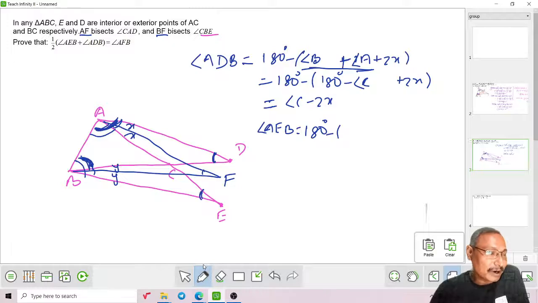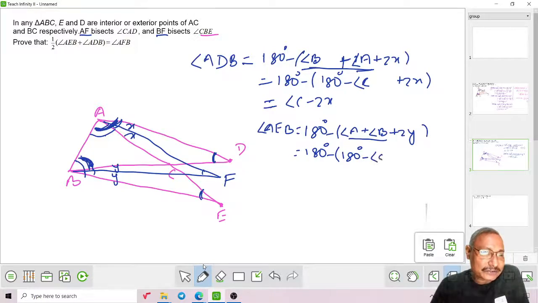Mind it, this angle is A and this angle is B plus 2Y. So angle A plus angle B plus 2Y. Again using the same thing, we can write the sum of A plus B as 180 degrees minus angle C, because the sum of A plus B plus C is equal to 180 degrees, plus 2Y. When we open the bracket, 180 cancels out, and we got C minus 2Y.